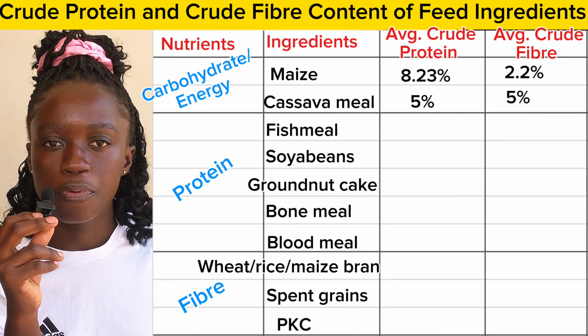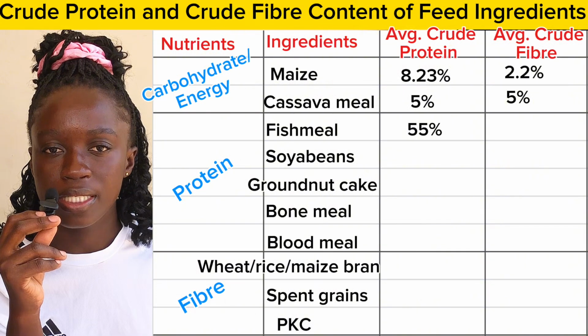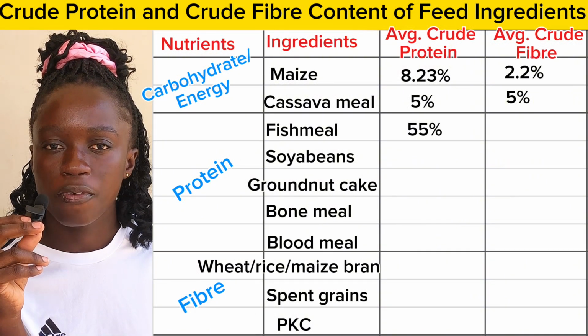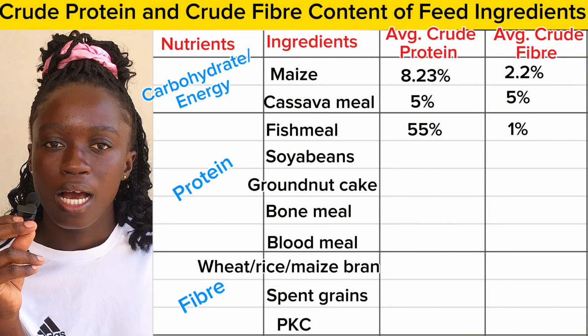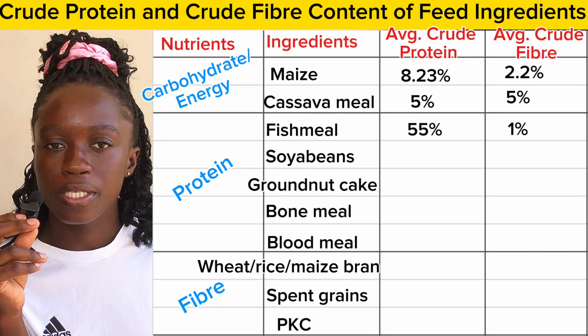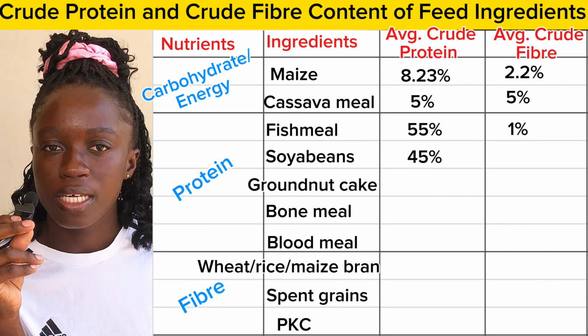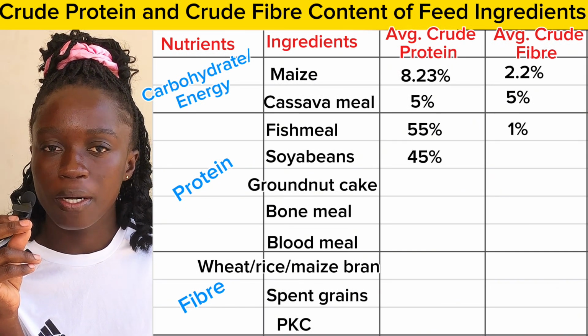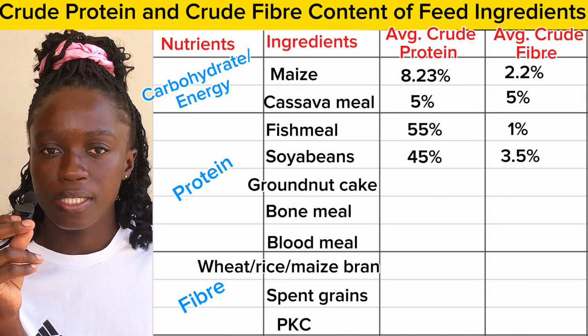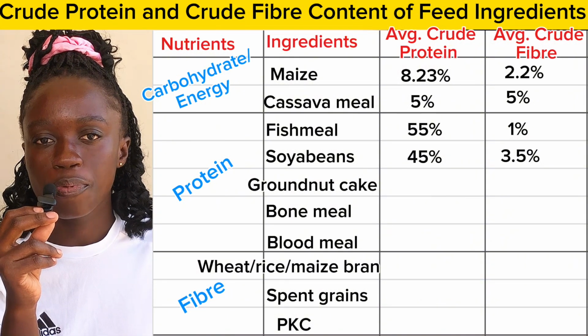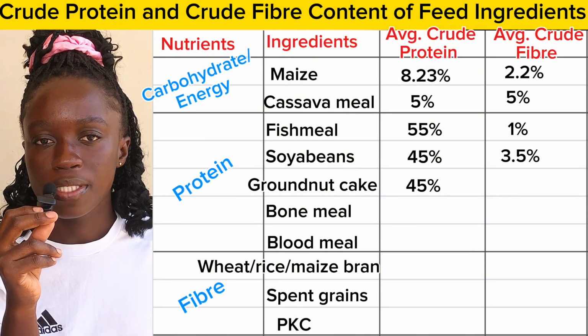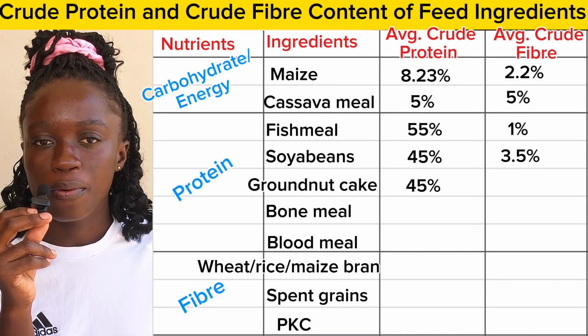Fish meal has a crude protein content of 55% and a crude fiber content of about 1%. Our soya beans has a crude protein content of 45% and a crude fiber content of about 3.5%.